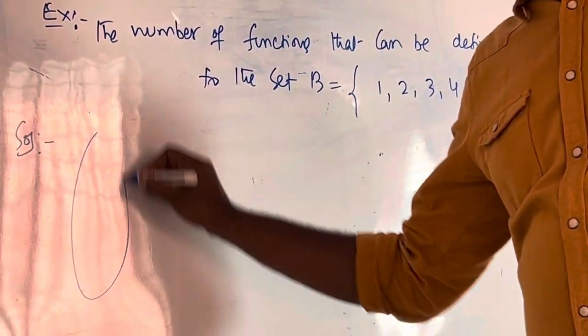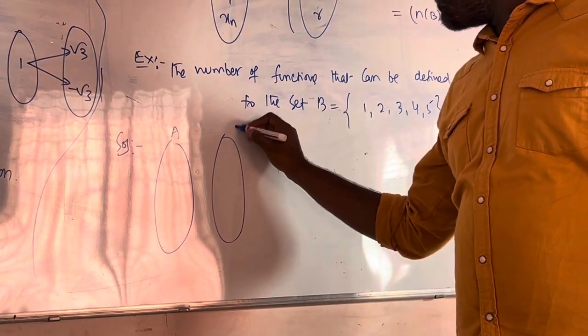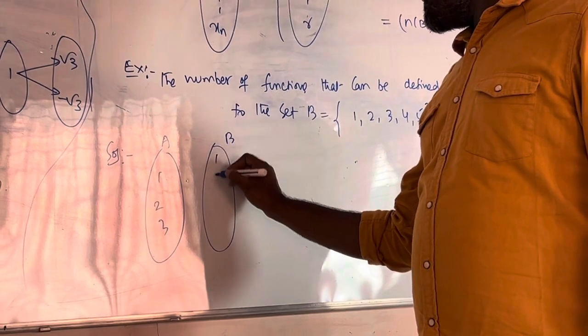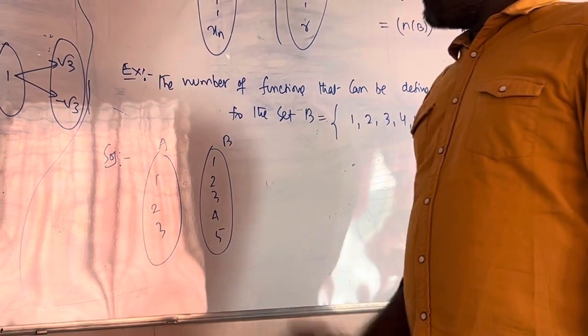Now let's use the arrow diagram to understand this very clearly. Set A has 3 elements 1, 2, 3. Set B has 5 elements 1, 2, 3, 4, 5. Now let's assume f is the function.